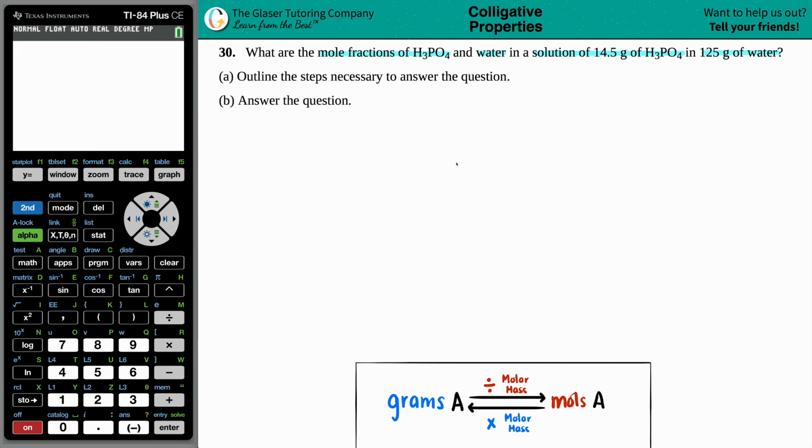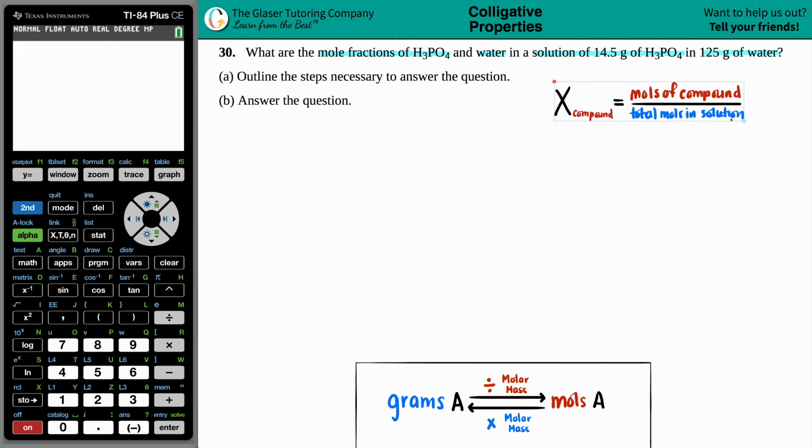So basically, we need to find out the mole fractions of two things, H3PO4 and water. Now, we always start with the formula of what the question is calling for. So we want to find out the mole fraction. What is a mole fraction? Well, the formula is this. It's like any other fraction, right?